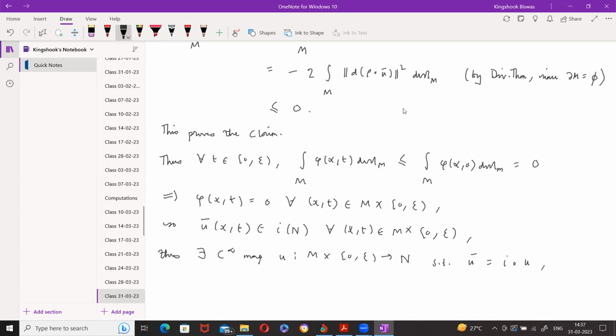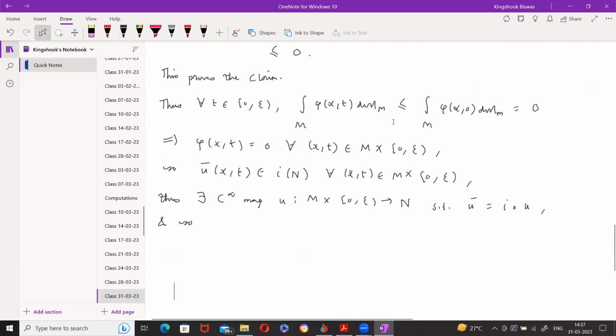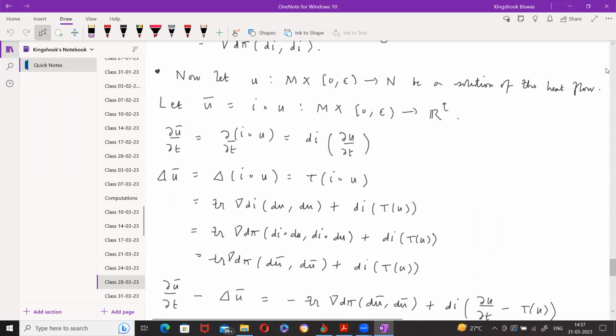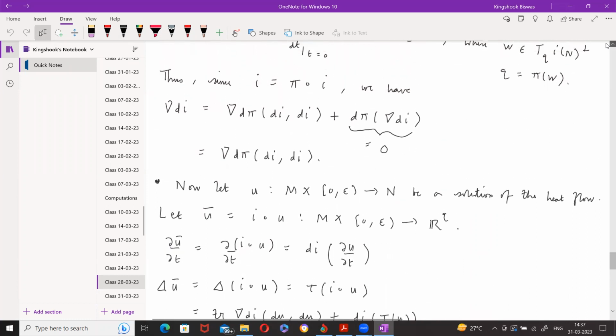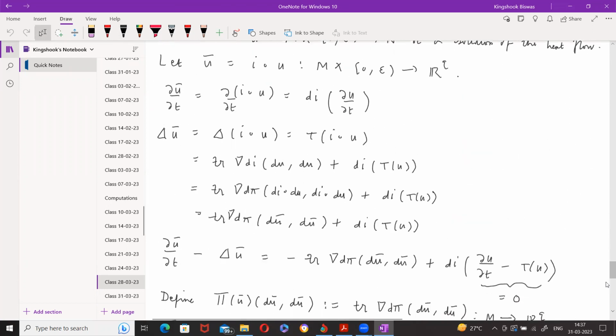All right. And then by the previous calculation, if we look at what we got, this ∂ū/∂t minus Laplacian ū is minus this trace plus dρ of this.